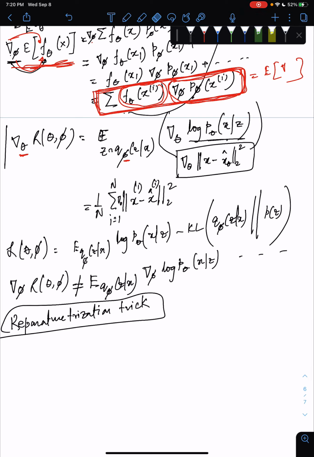What we will do is take some epsilon, which is from a standard normal Gaussian distribution.